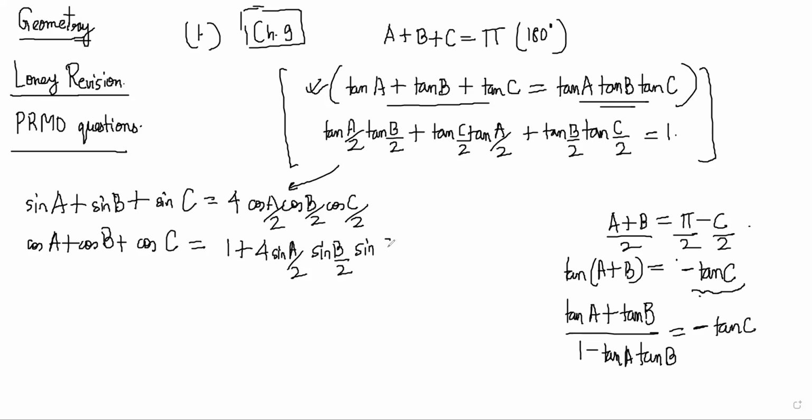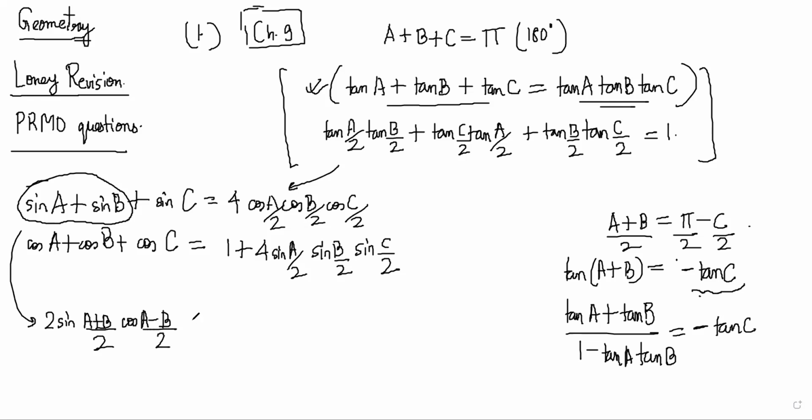Again, the way to prove it is very simple. Just take two of them together, use the sin C plus sin D formula, write it like this: 2 sin of A plus B by 2 cos of A minus B by 2, and so on. You remember this, no? We have done this. And this one will become 2 sin C by 2 cos C by 2 using the half angle formula, and convert this to cos C by 2, take cos C by 2 common.